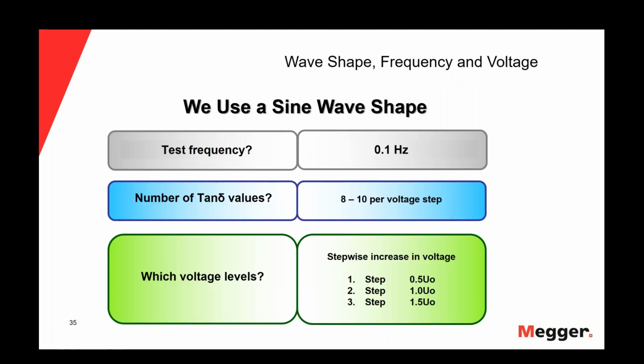So what do we need to do a tan delta test? Well, we need a sine wave shape. The frequency that we will use is 0.1 hertz, and in each voltage step we will measure between 8 to 10 tan delta values.